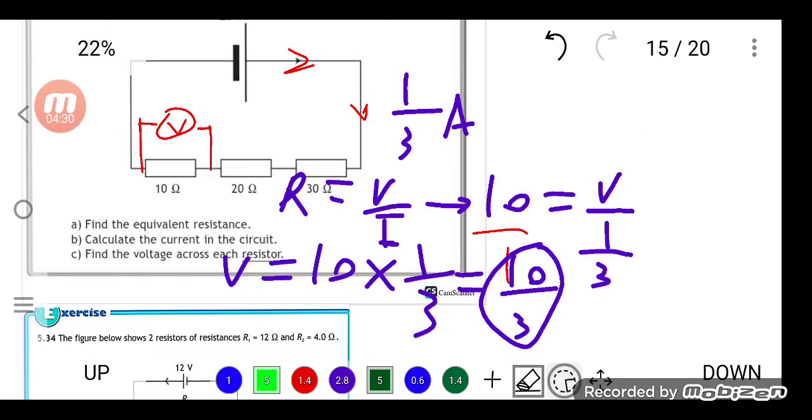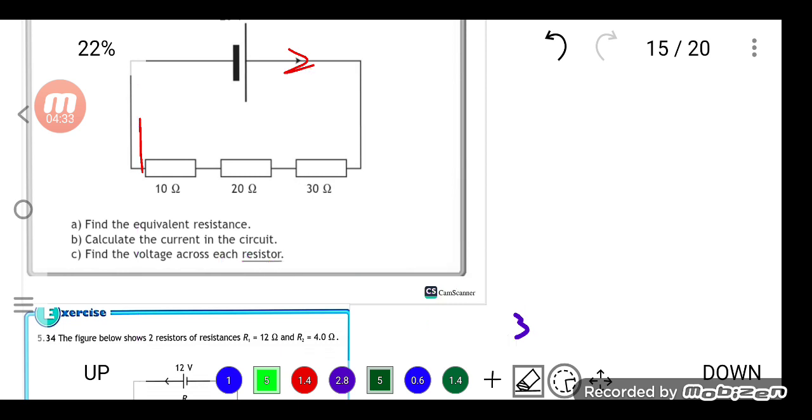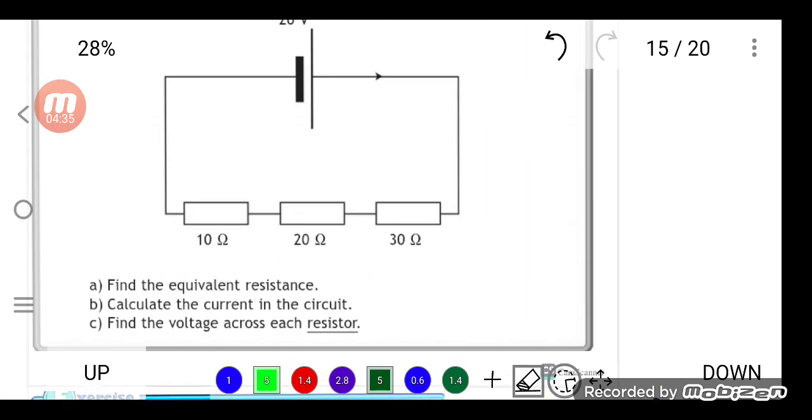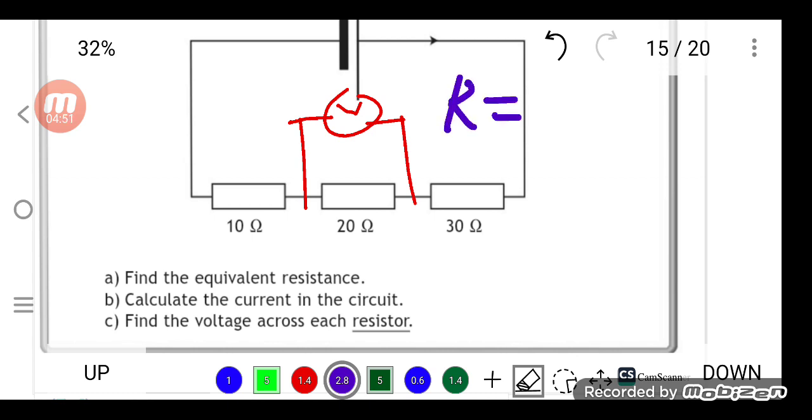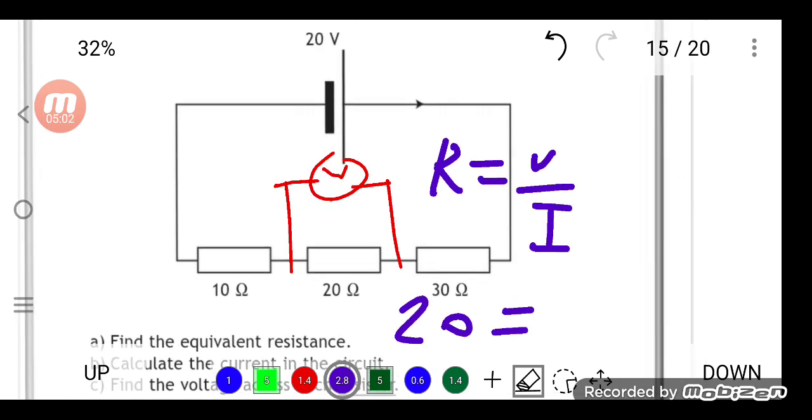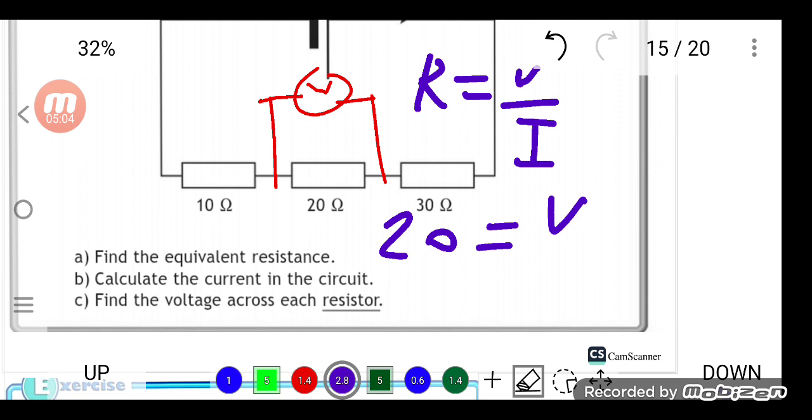Now to find the voltage across the second resistor, we do exactly the same thing. Now let's assume that the voltmeter now is here, and I want to measure the voltage across the 20 ohm resistor. Again, I will use Ohm's law. R is equal to V over I. R we have, which is 20, is equal to V, which is what we have to find, divided by the current, which is 1/3.